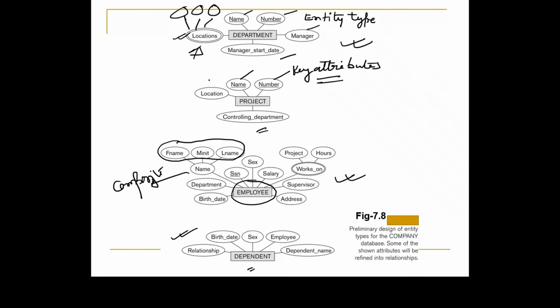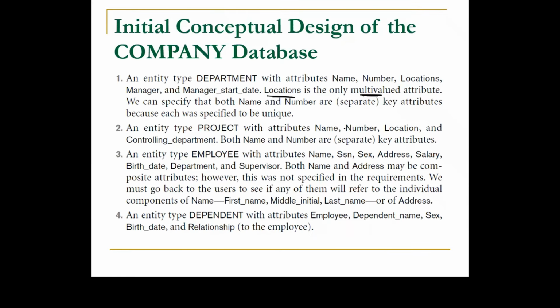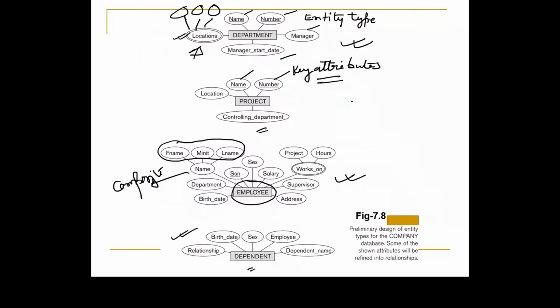In the earlier case, location is a multi-valued attribute. It should not be partitioned. I think I told it wrongly. Multi-valued means we can have multiple values for it, like location; you saw that example in the last class.